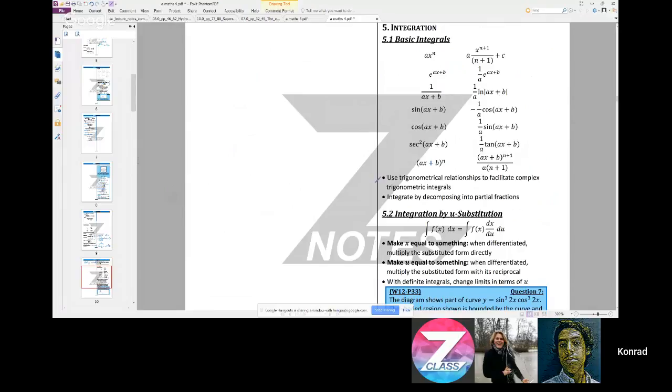these all follow the rule that integration is simply the opposite of differentiation. And they follow also the chain rule, if you look at it that way.